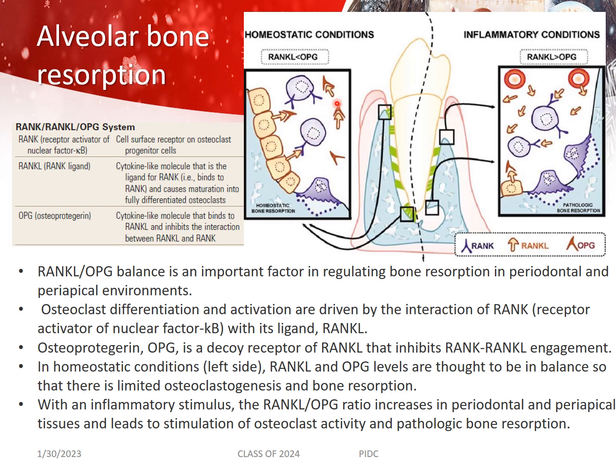Osteoprotegerin, that is OPG, is a cytokine-like molecule that binds to RANKL and inhibits the interaction between RANK and RANKL.